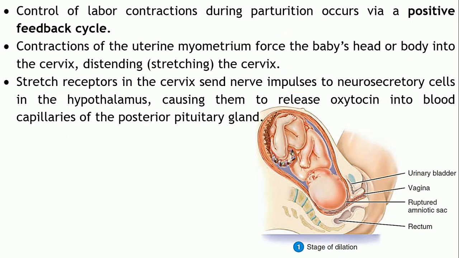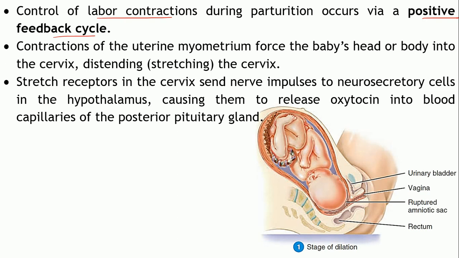Now this oxytocin hormone has initiated the uterine contractions, right, but the control of these labor contractions during childbirth occurs through a positive feedback cycle. Now what is a positive feedback cycle?